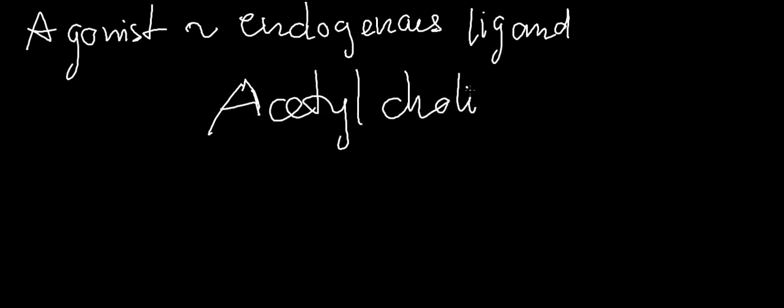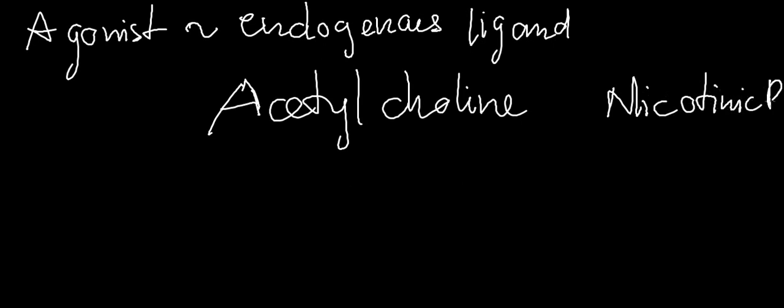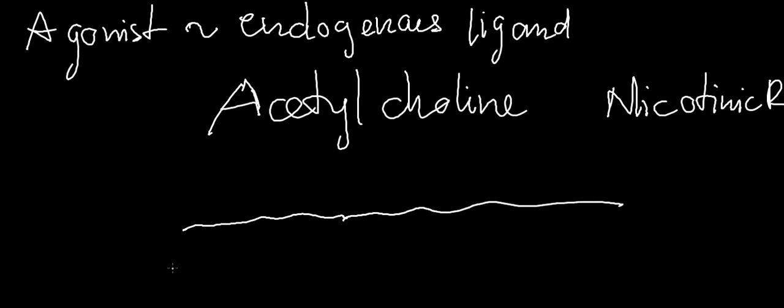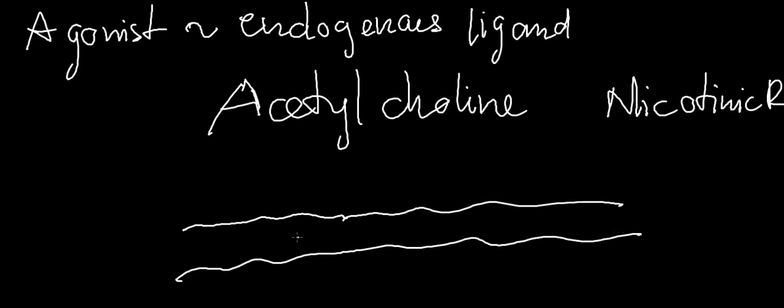Acetylcholine is a kind of neurotransmitter that will bind to the nicotinic receptor. Let me draw it here. If I have a cell membrane here, usually the receptors are embedded in the membrane.